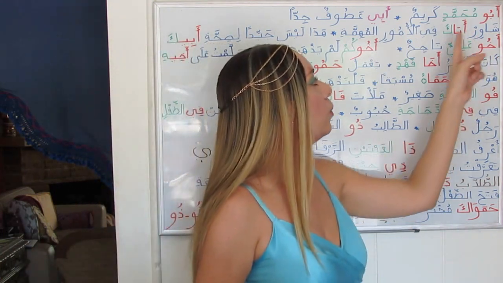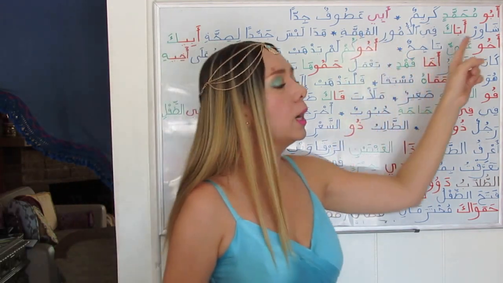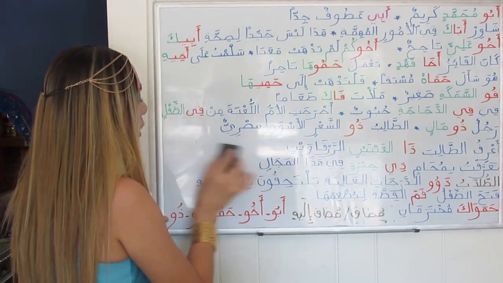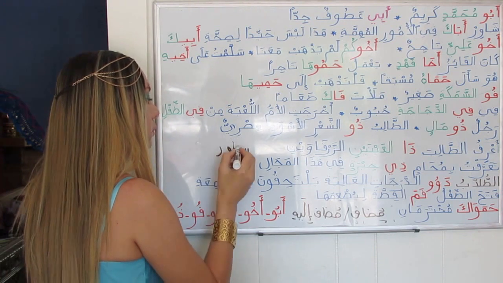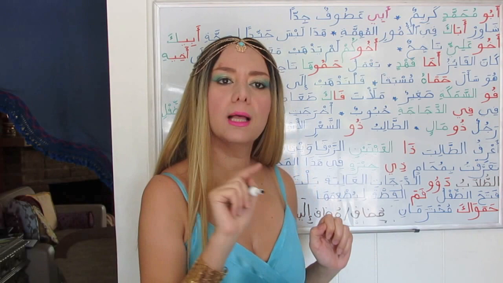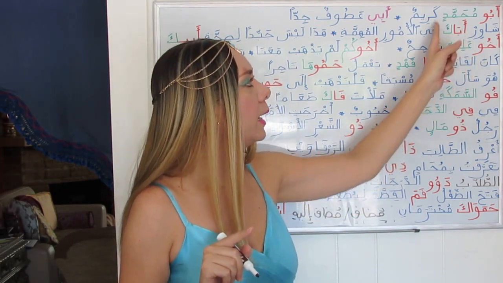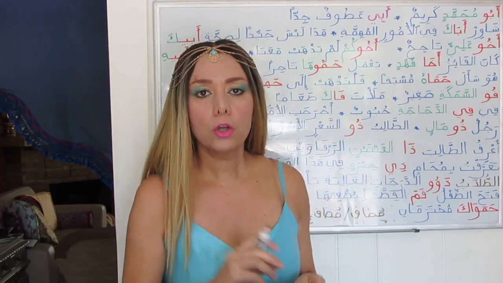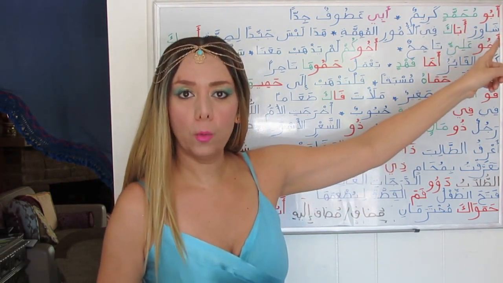Alright? شاور أباك في الأمور المهمة. شاور. Shawara is form 3, to consult. In the imperative form, consult your father. Abaka. And here abaka is in the accusative because it is the object of the verb shawara.